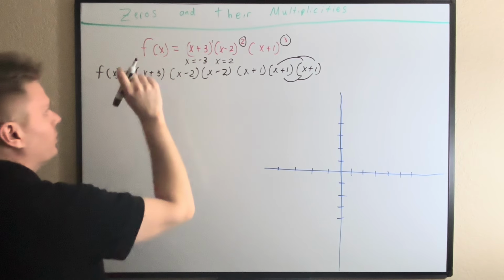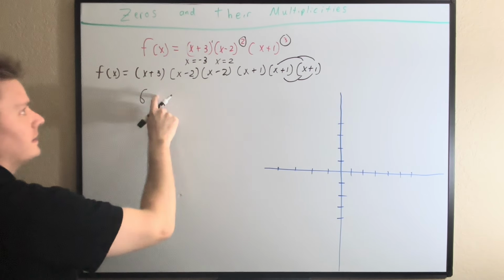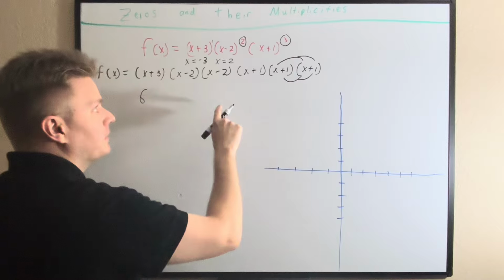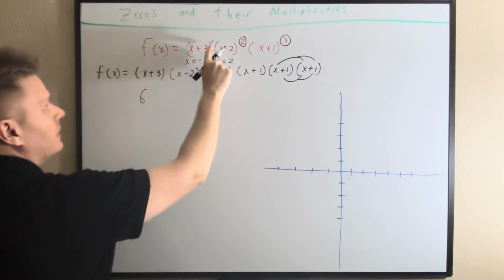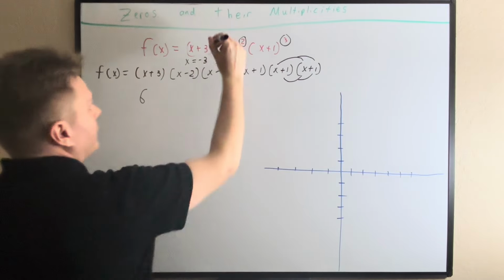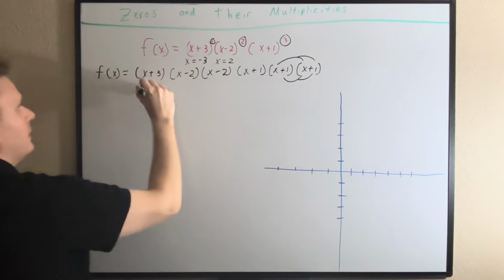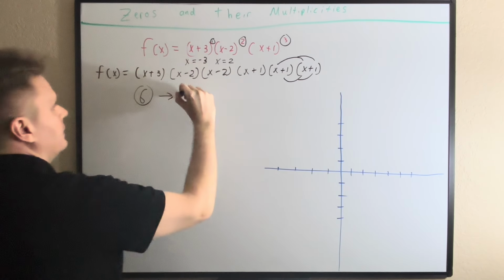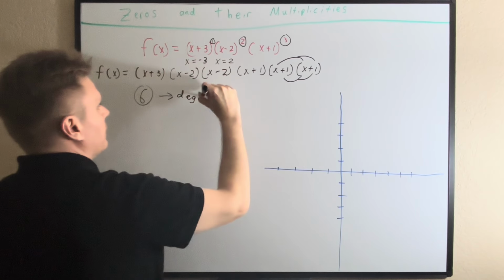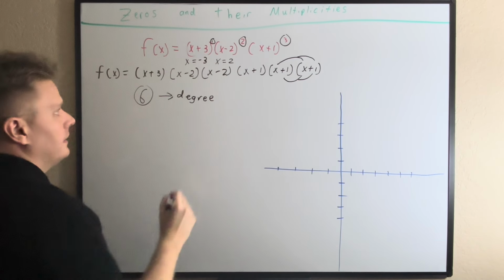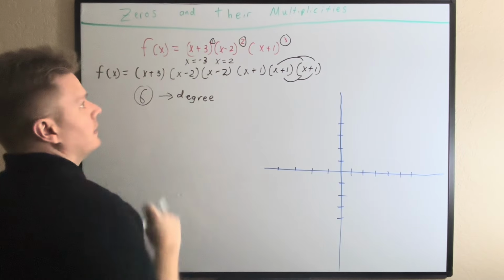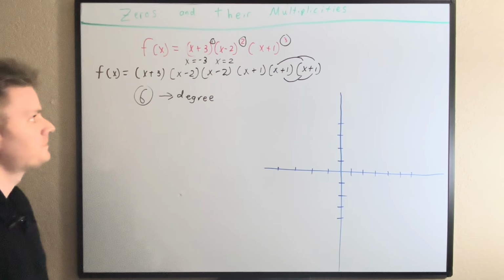And then one more, so x to the 6th. Because when you multiply exponents, you add them together. So you could take a shortcut and just add 1 plus 2 plus 3, and you get 6 is the degree. Okay? That is the relationship between degree and multiplicity.